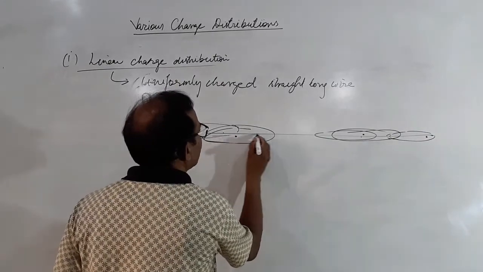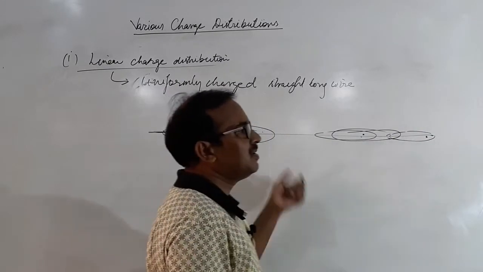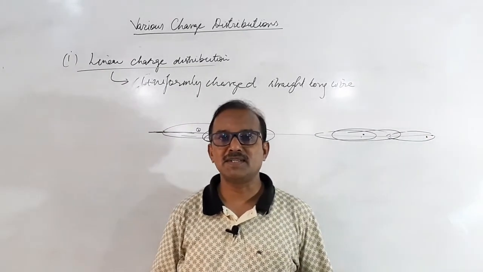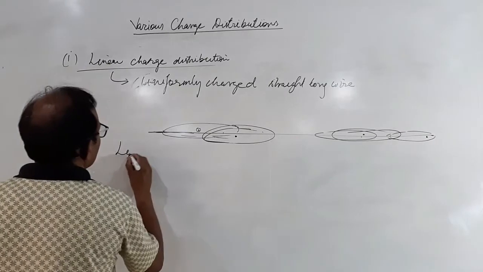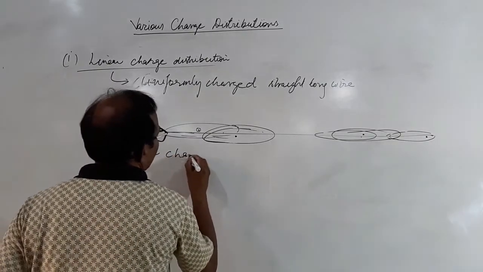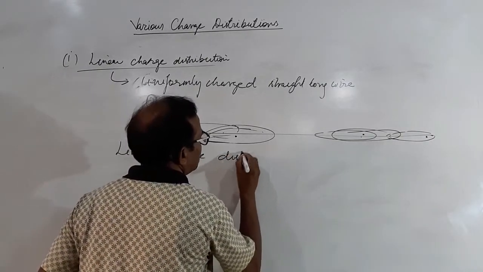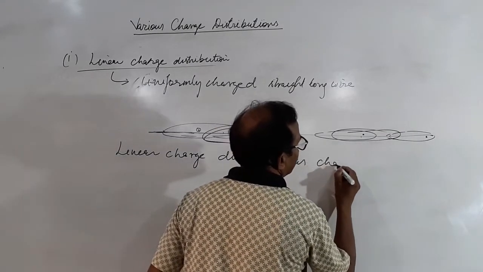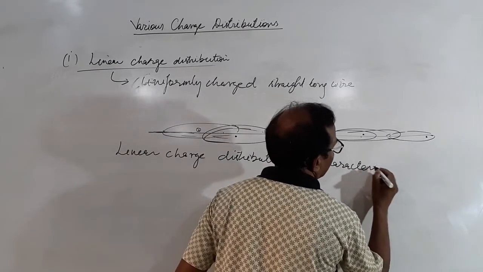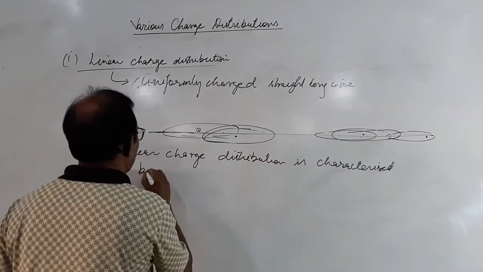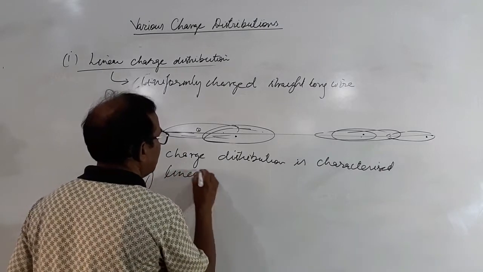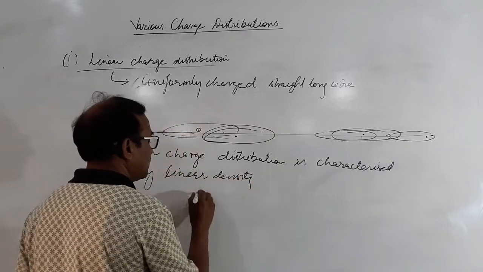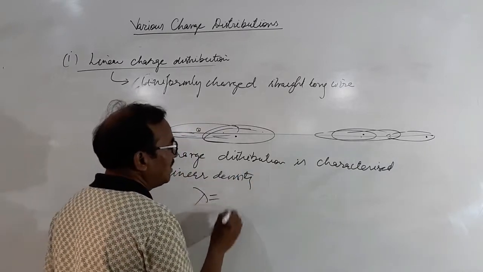So generally we can say charge density is important here. What is the density of charge in this region? This linear charge distribution is characterized by linear charge density, which is denoted by lambda.